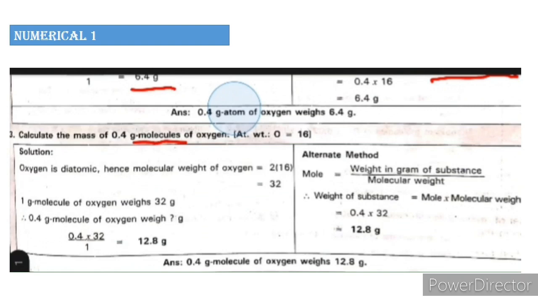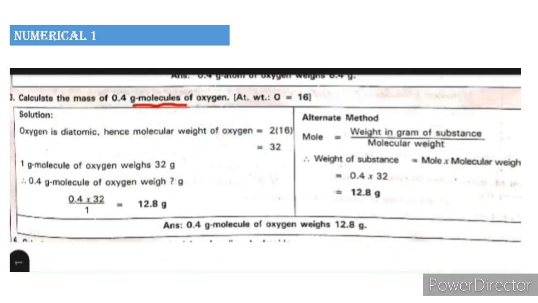For the second problem, we take molecular mass. Here oxygen has molecular mass of 32. So, 1 gram molecule or 1 gram mole of oxygen has a mass of 32 gram. Therefore, 0.4 gram mole of oxygen has mass 0.4 into 32, that is equal to 12.8 gram.